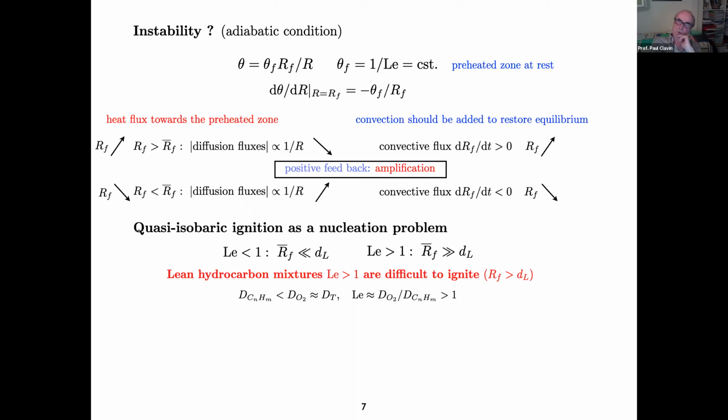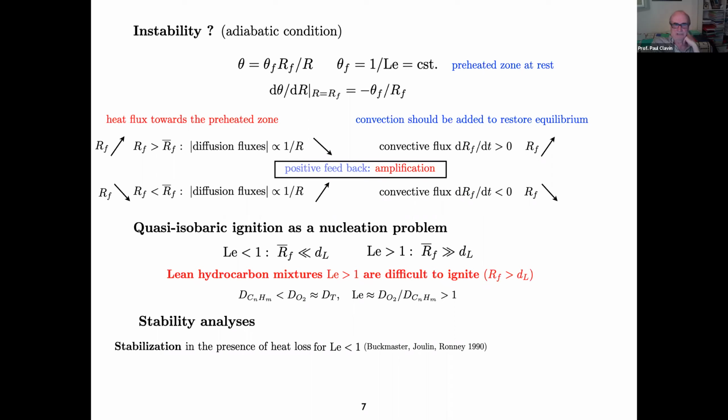And this is why it is not so easy in a car engine working with gasoline. One has difficulty to ignite mixtures that are not pollutant. It turns out that this flame can be stabilized when you introduce heat losses, but this is very difficult.